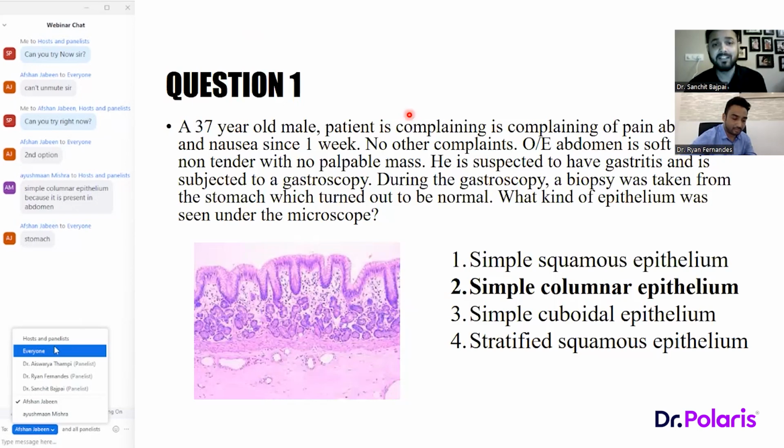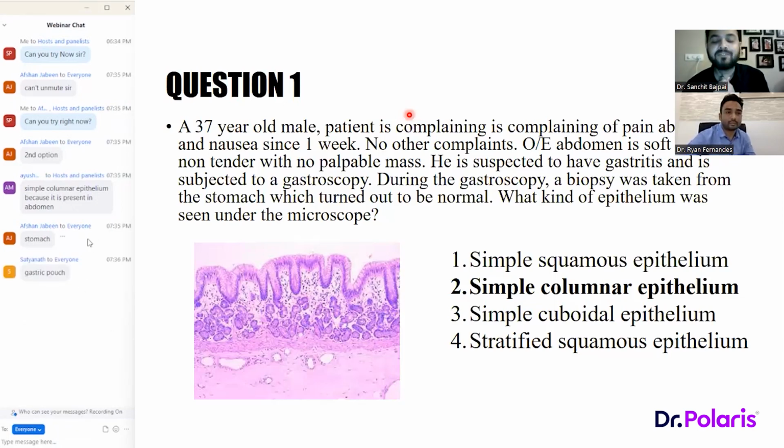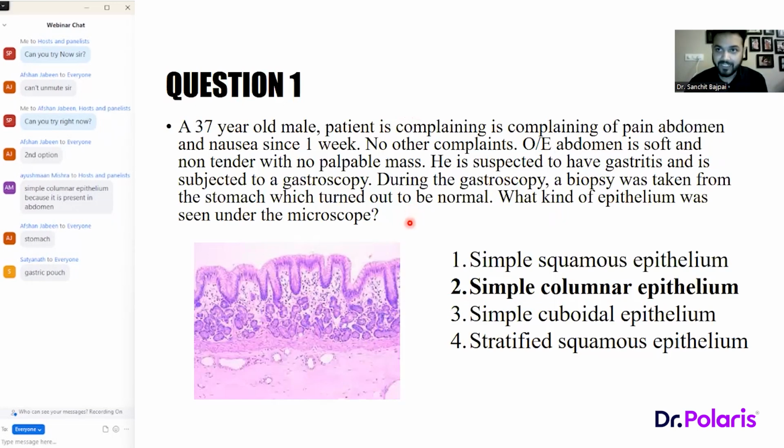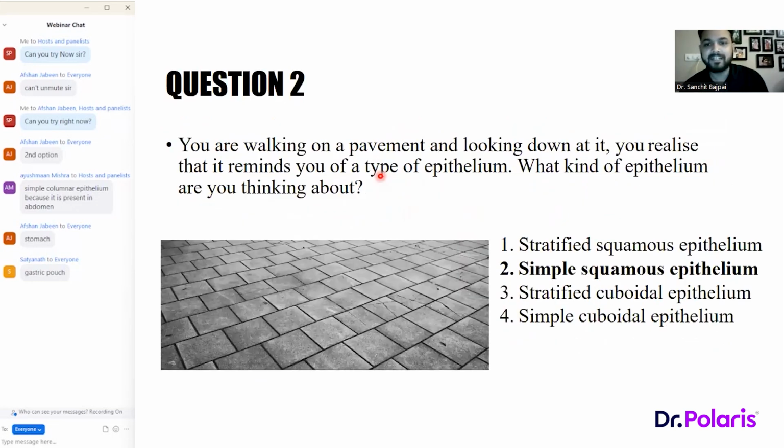So Afshan says stomach, sir. Correct. So simple columnar epithelium is present in the lining of the stomach. That's right. And it has got no surface modification as such. It is rich in goblet cells and it has got no more surface modification. That is why simple columnar epithelium happens to be the right answer. Absolutely right. Fine. We'll just take the next one.